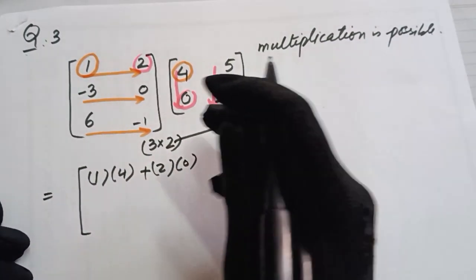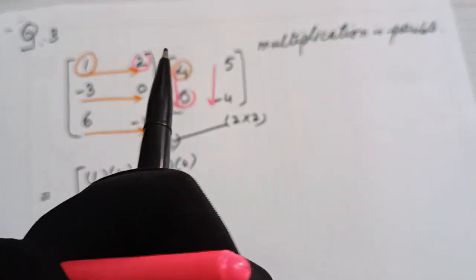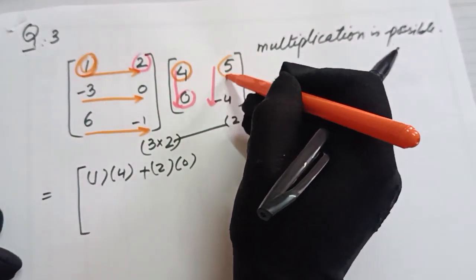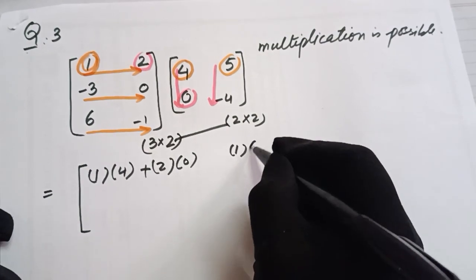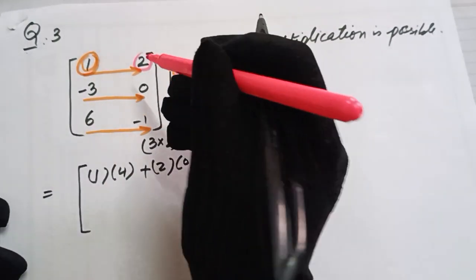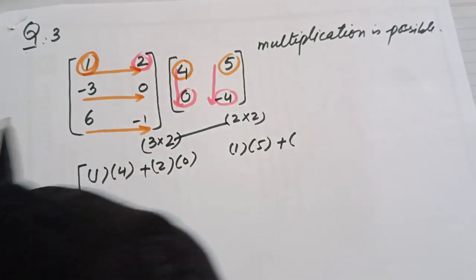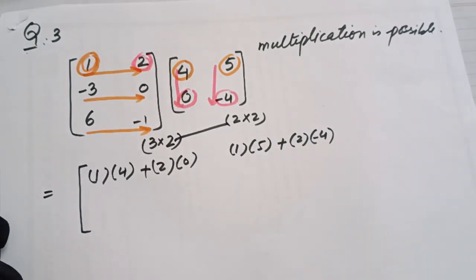Come over here again, tail multiply tail means 1 times 5 plus head multiply head, 2 multiply minus 4.